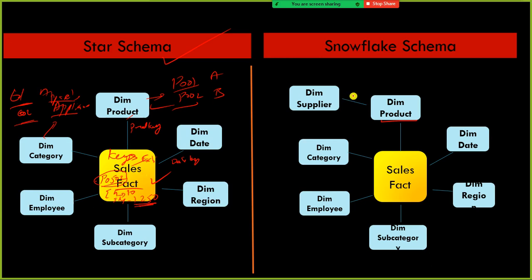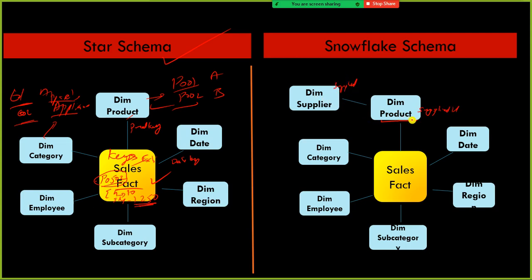But when it comes to Snowflake schema, you can see we did some kind of normalization for this dimension table itself. In this product table, we have something called supplier ID, and here also we have supplier ID.